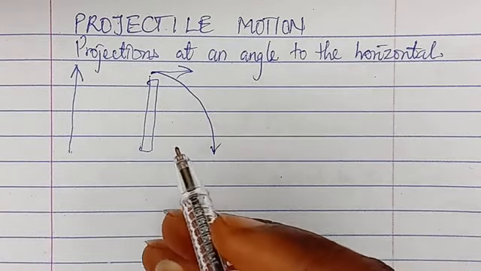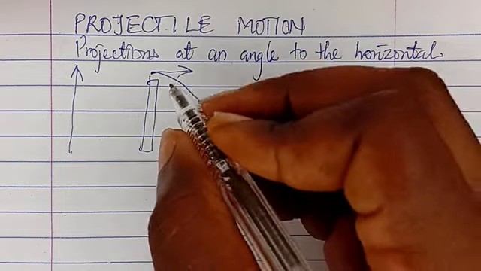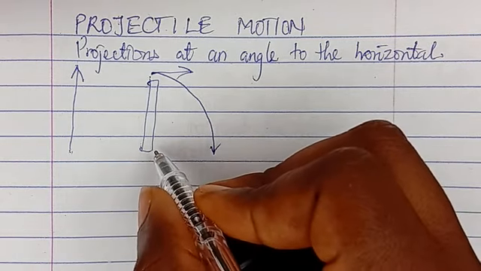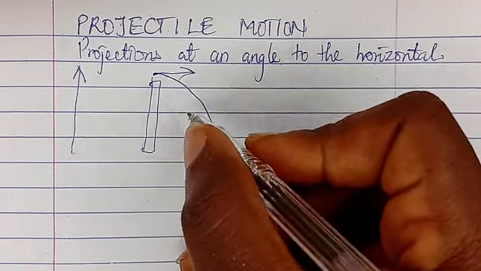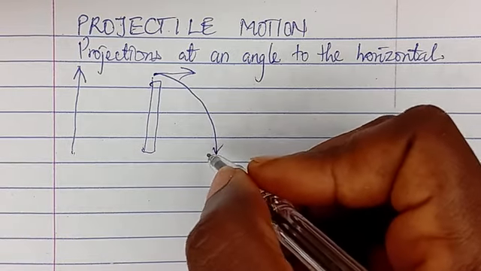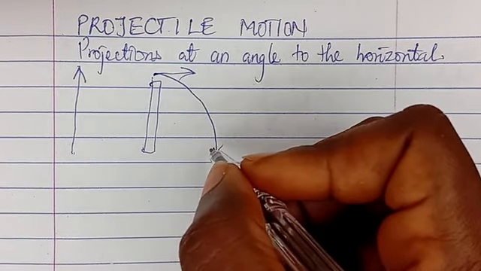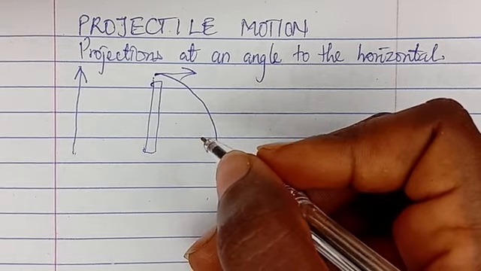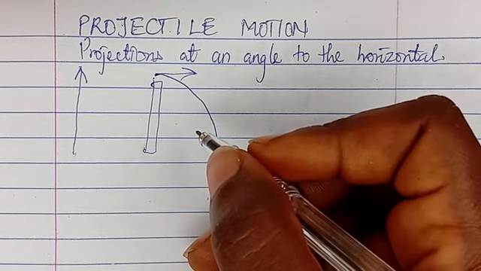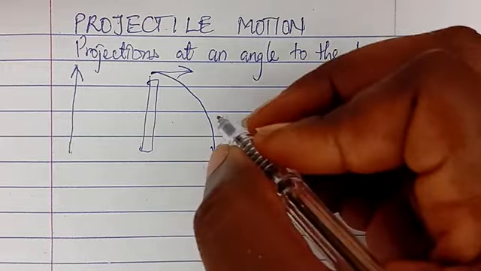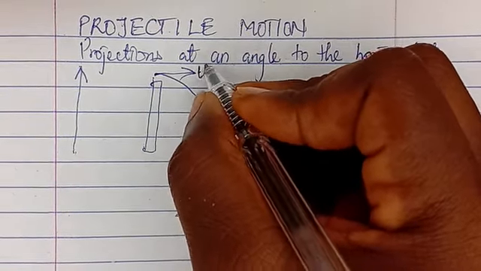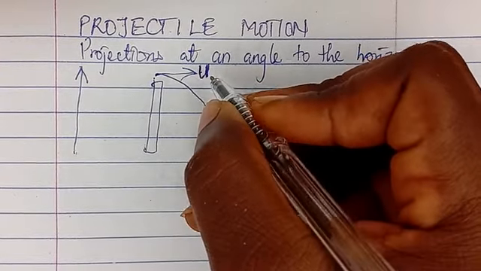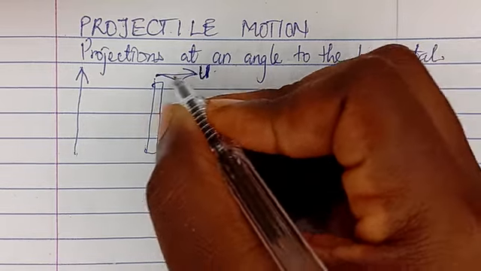Now in this case, we see two motions: a vertical motion, that's its downfall, and a horizontal motion, which we call the range. So for this, we note that the horizontal motion is totally dependent on the speed or velocity with which we threw it, that initial velocity.